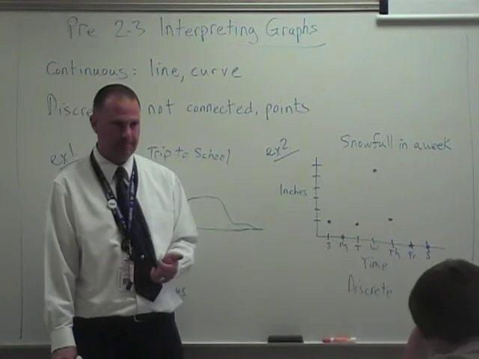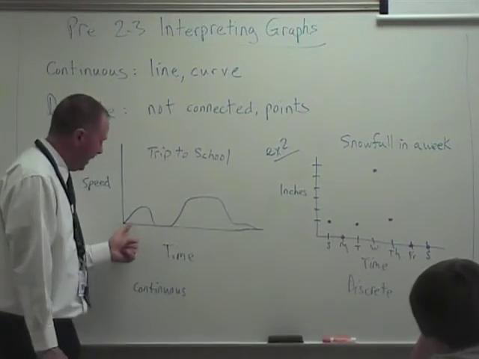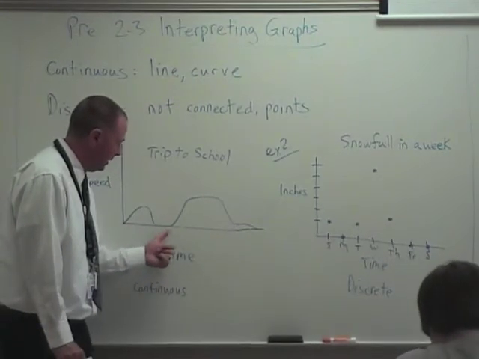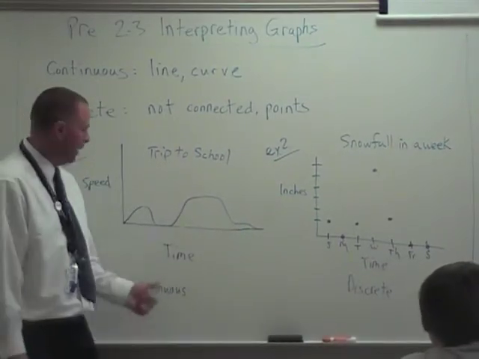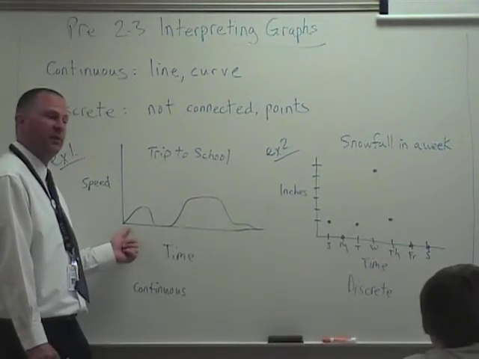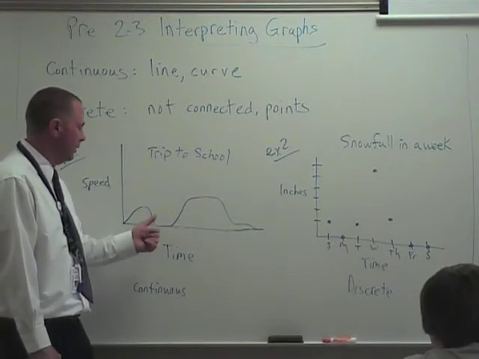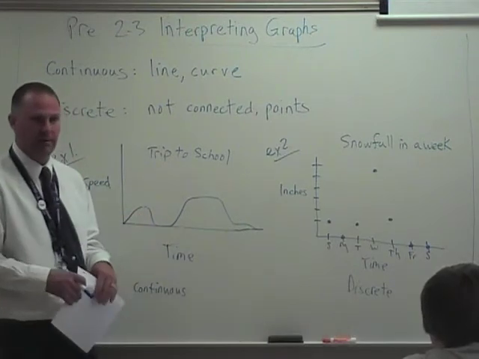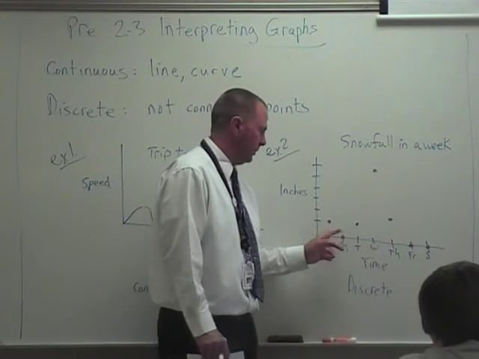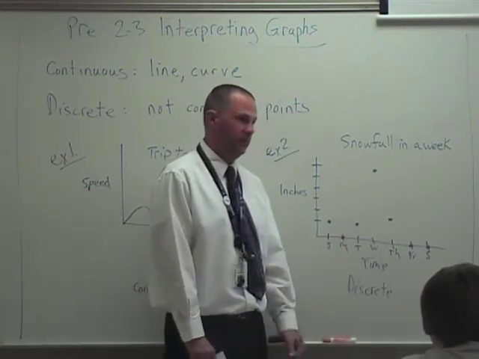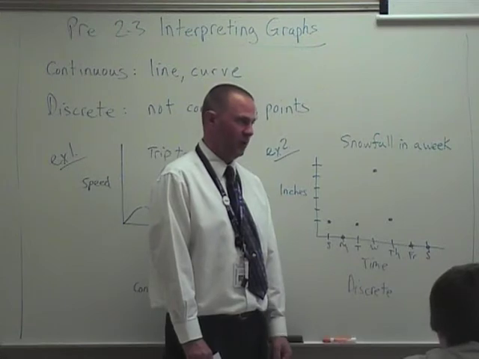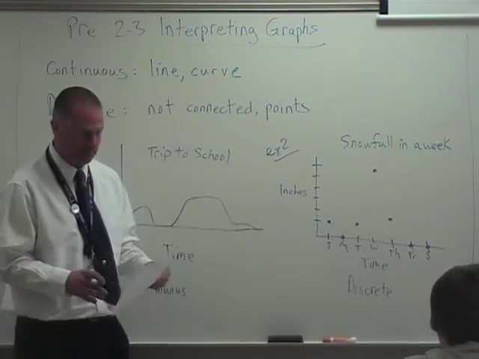But over here, at any point in time, you can give me solid factual information. How fast you were going after 30 seconds, how fast you were going after 1 minute. Here you can't do that. That's what you got on Sunday. That's what you got on Monday. All right, there's a difference between the two.